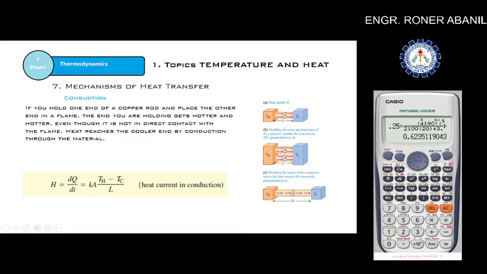So, kapag hinawakan mo daw yung isang end ng copper rod and nilagay mo yung kabila naman sa flame, the end you are holding gets hotter and hotter. So, umiinit daw ng umiinit yung hinahawakan mong parte ng copper rod.